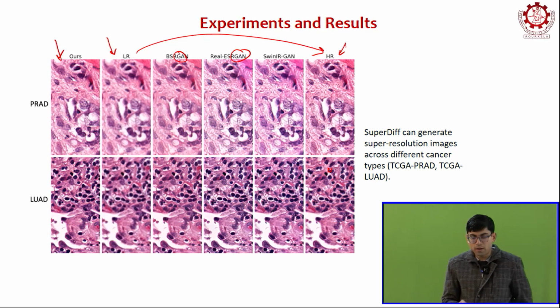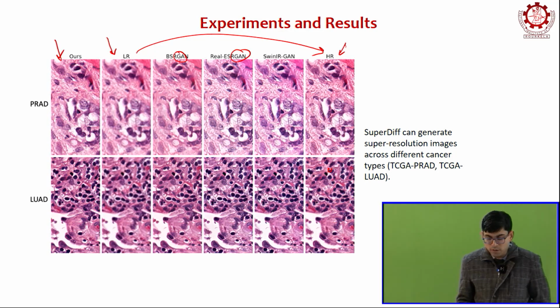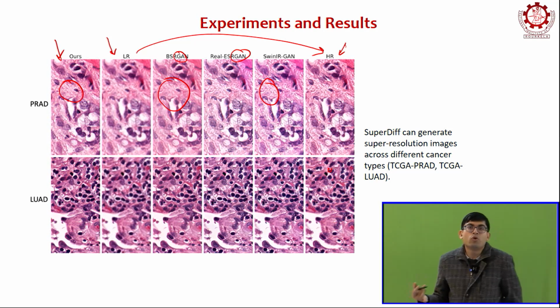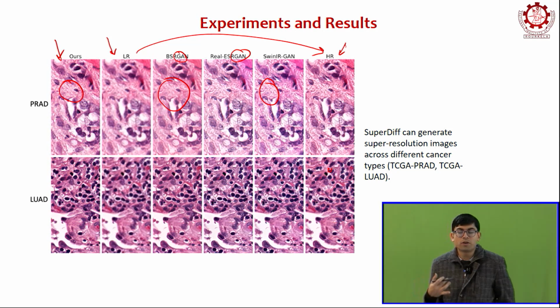Since they look so similar to each other, it's difficult to appreciate the quality directly by looking at this. You can look at the difference between BSR GAN and SwinIR GAN. It's quite blurry here, less blurry here, but eventually we would want to quantify it. If you don't quantify it, just qualitatively, it's difficult to say which method is better.